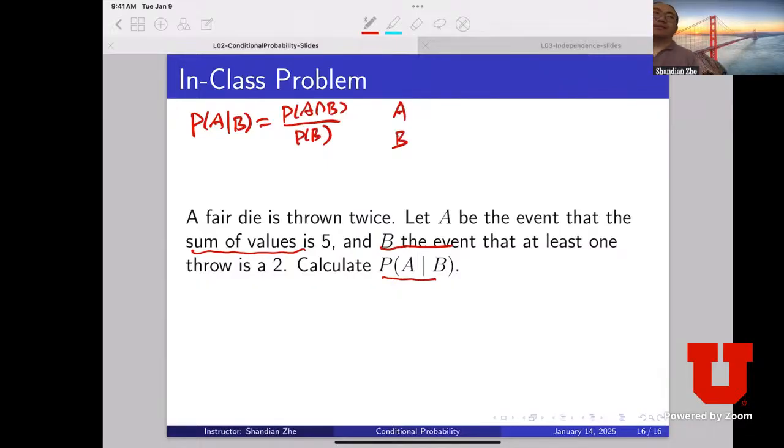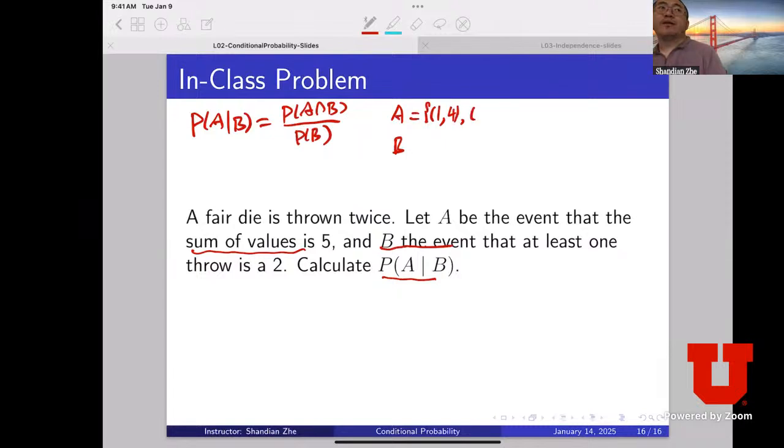How do we represent A? Let us just enumerate. A talks about the sum of the values being 5. If the first point is 1, then what's the value for the second point? 4, because their sum is 5.